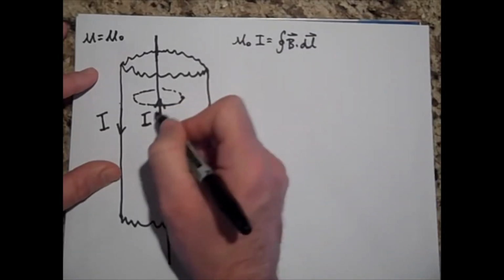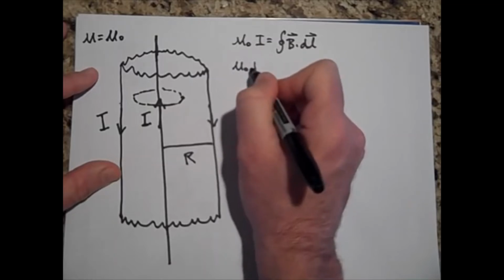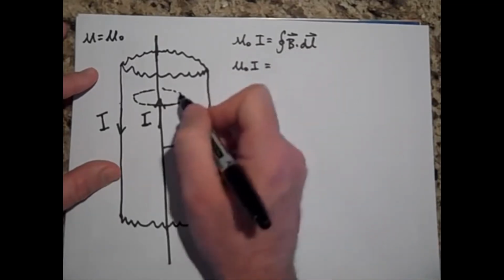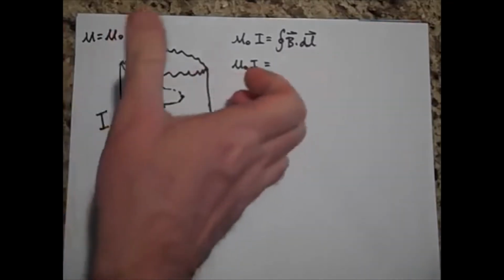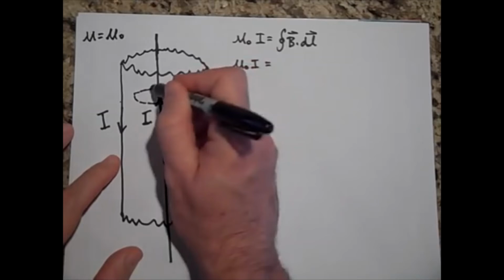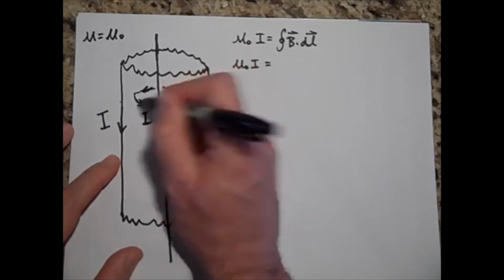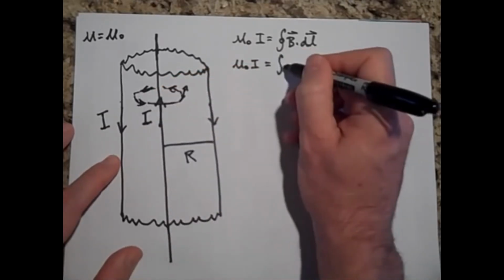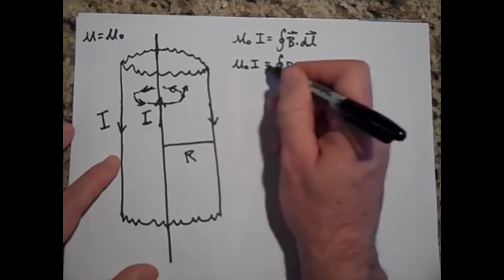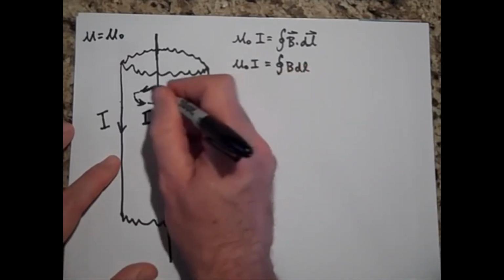And so it's just the 1 I that's in there. So mu naught times I is equal to, now since the B's are circulating this way, but so are the dl's, you can get rid of the dot product. And then you can pull the B out because it should be the same at every point in here.